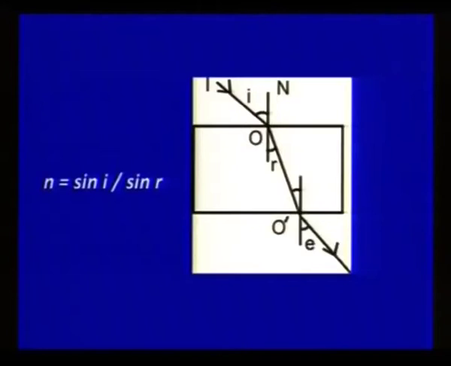Here there is an oblique incidence, angle i is the angle between the incident ray and the normal, and angle r is the angle between the refracted ray, O dash, and the normal. So the refractive index is sin i upon sin r.